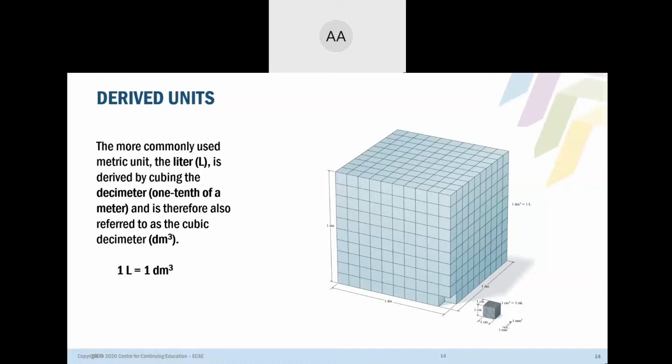So a decimeter, as you can see from the diagram, is 1/10 of a meter and is therefore also referred to as the cubic decimeter. So 1 litre is equal to 1 cubic decimeter.